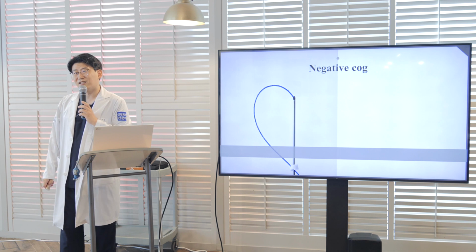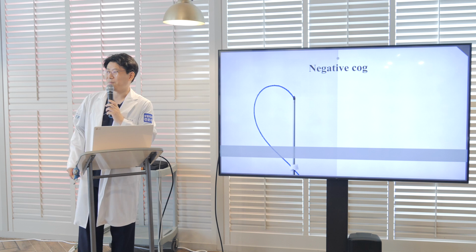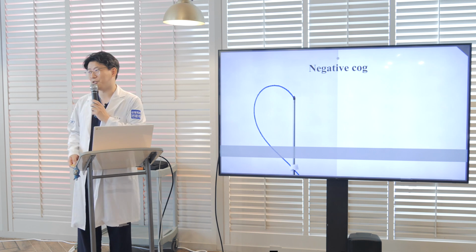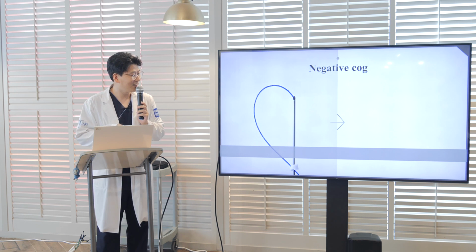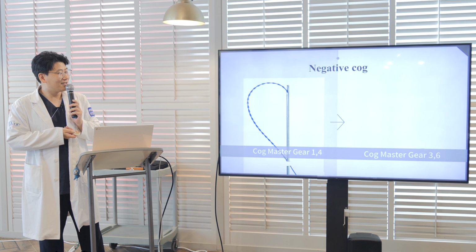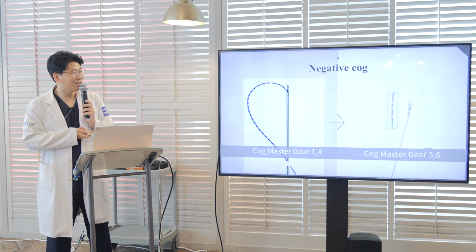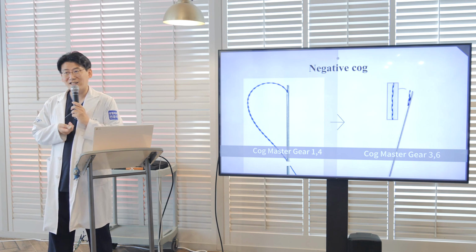But it's still insufficient. You know, as time goes by, patient wants more strong, better. So finally, this Sculpted Cog is not enough. That's why they invent a new one, the negative cog.